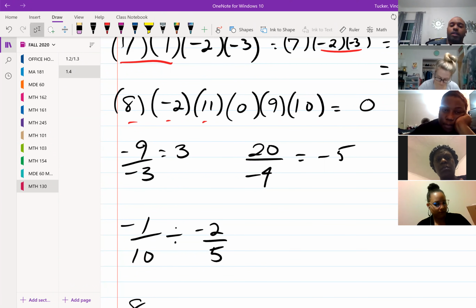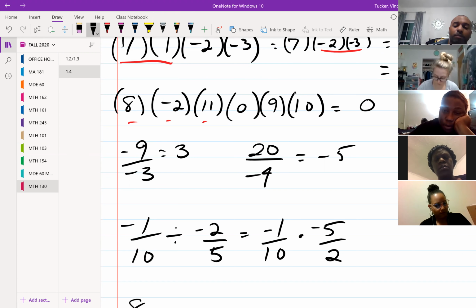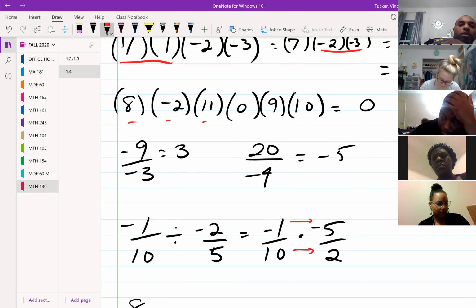Negative 1 over 10 divided by negative 2 over 5. Don't forget, whenever dividing fractions, you have to multiply by the reciprocal. So that means you'll flip the fraction. Now, if you'd like to multiply across, you could.